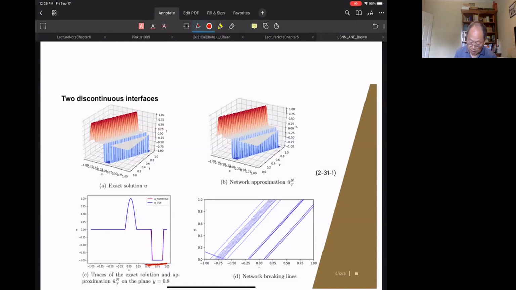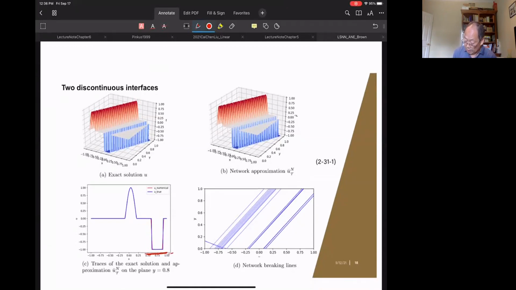This is the trace, and as you can see, it approximates discontinuous solutions extremely well. One thing I didn't talk about is what we call the break lines. The break lines match up with the discontinuous interface extremely well. For this problem, we used a 2-layer ReLU neural network with 31 neurons.